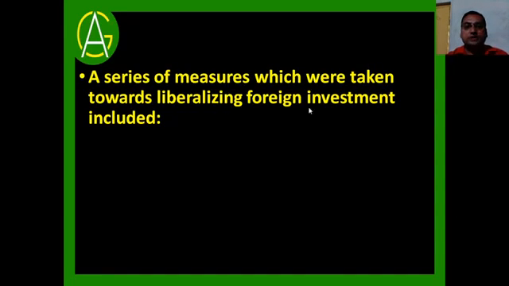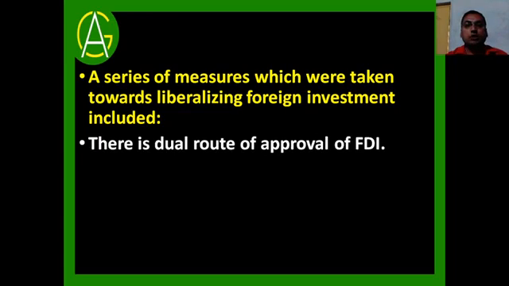A series of measures were taken towards the liberalization of foreign investment. We started accepting the investment from the foreign countries so that our industries can be grown. There were a dual route of approval of FDI, that is foreign direct investment. Foreign direct investment was approved by dual route.